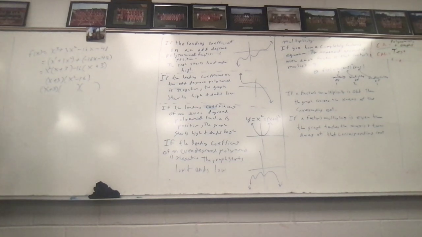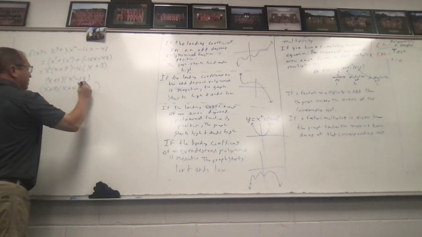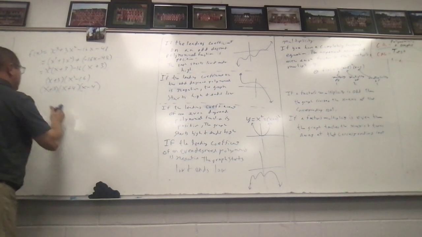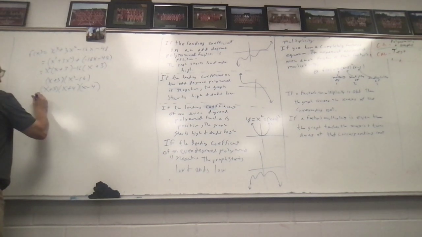Difference of squares. X squared minus 16 is a difference of squares. X plus 4 and x minus 4. So here, everything has a multiplicity of 1.